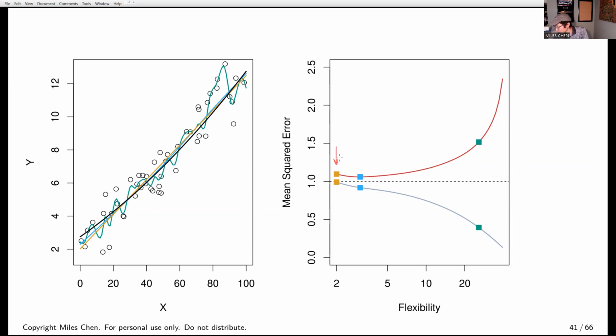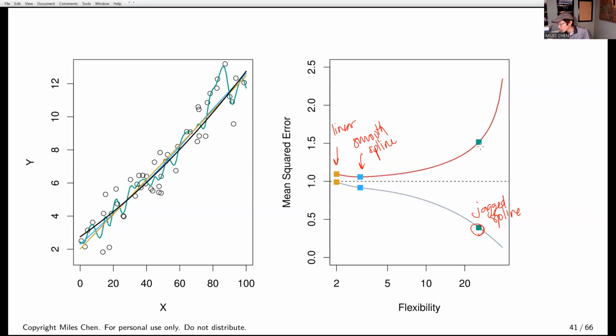So again, this one is linear. And then this is the smooth spline. And then this is the jagged spline. So the jagged spline does really good on the training data, right? Because we have these outliers on the training data, it does a really good job on that, and so it has very small mean squared error.